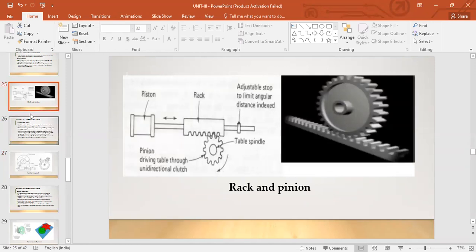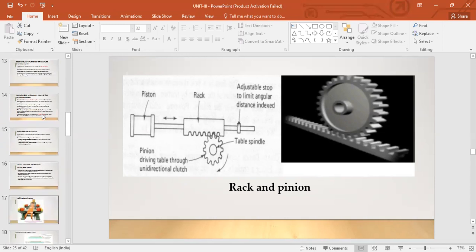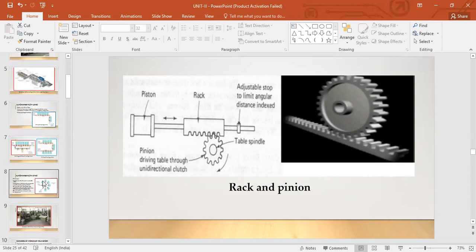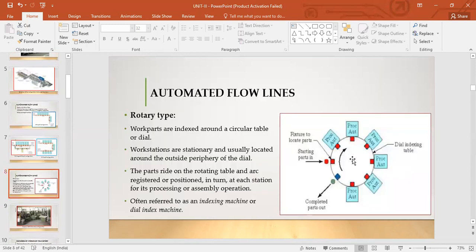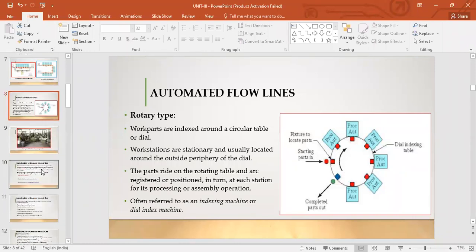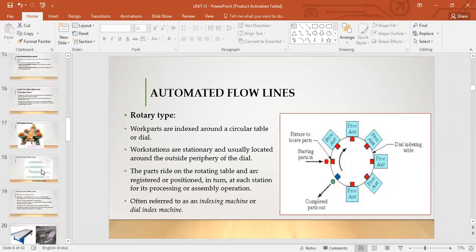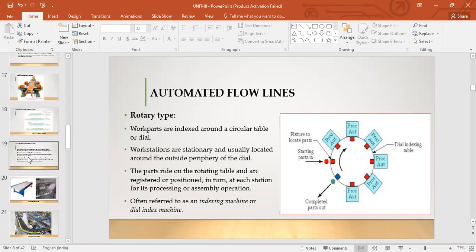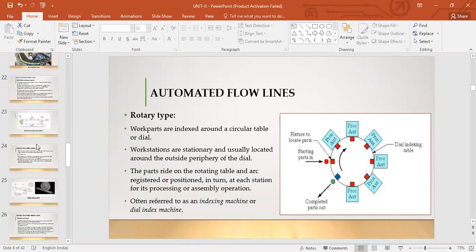I had explained that beneath the table you have this mechanism. So movement of that pinion below this table will move this table. Try to imagine it as one entity. That table spindle is attached to this table.